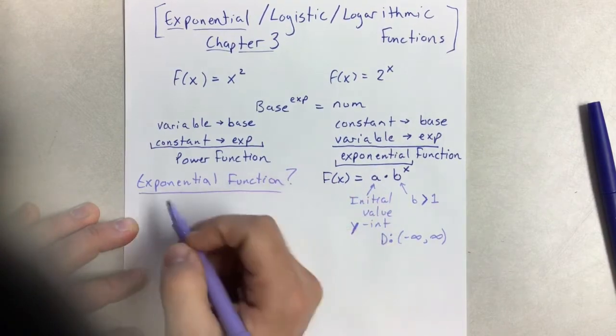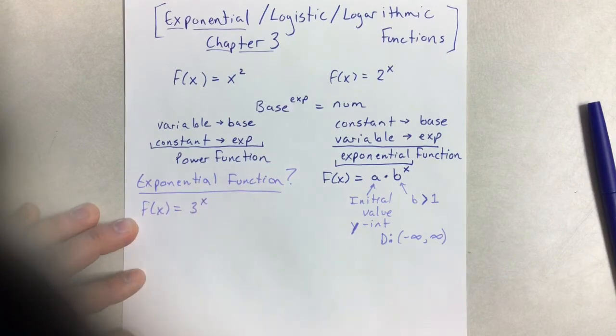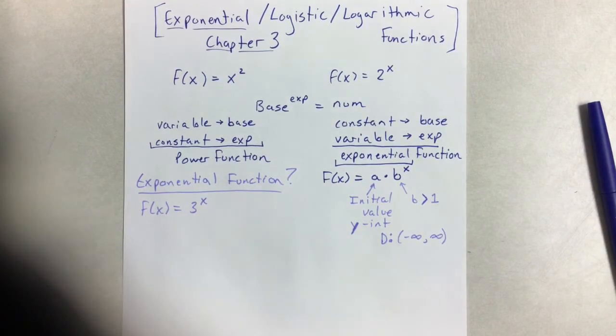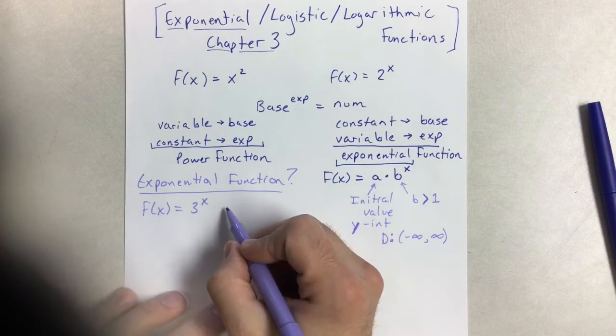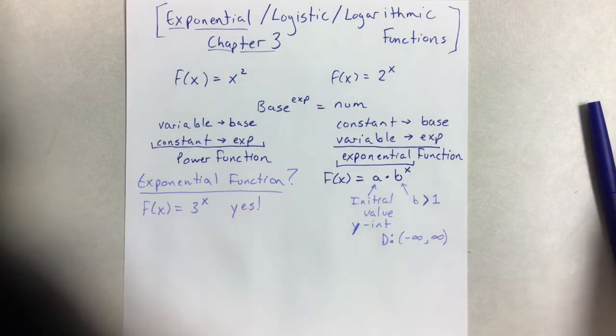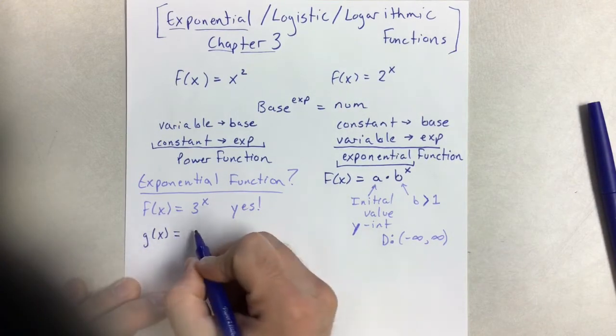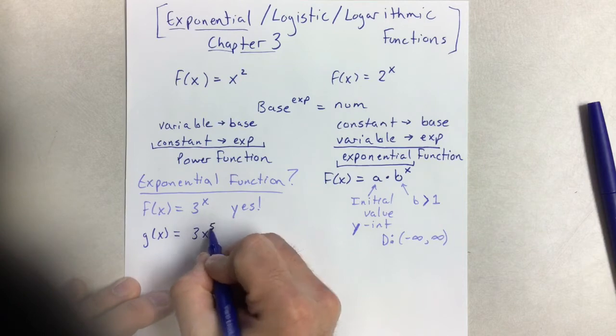Okay, so let's say we have f of x equals 3 to the power of x. So we're asking, does it have a constant as a base? Does it have a variable as an exponent? Yes, yes, yes, this is an exponential function. Let's look at another. So g of x equals 3x to the power of 5.